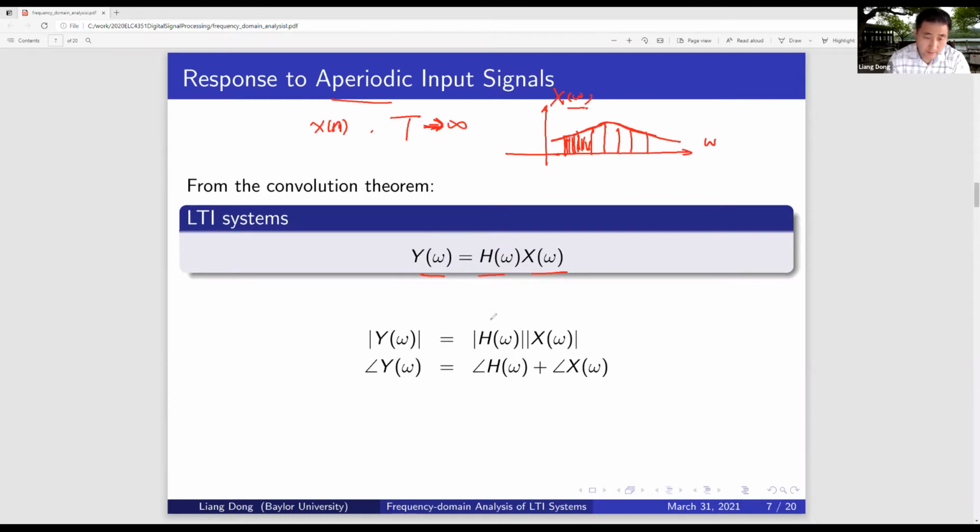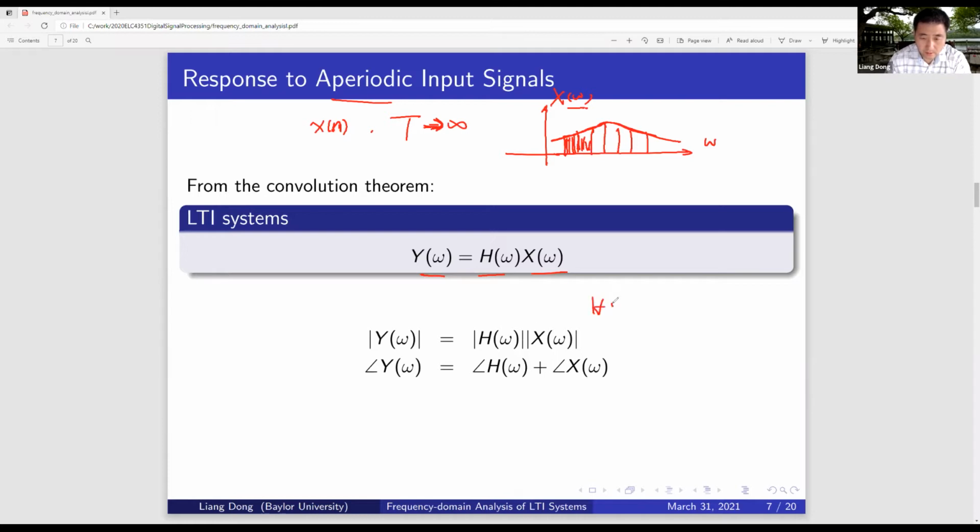Once we have that, we can find that the amplitude of the output is the amplitude of the system times the amplitude of the input signal. The phase of the output is the phase of the system plus the phase of the input signal.